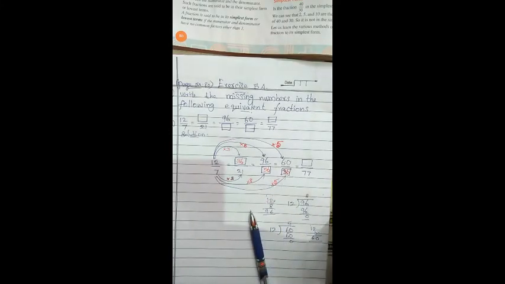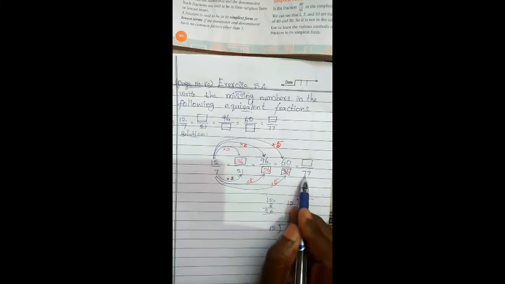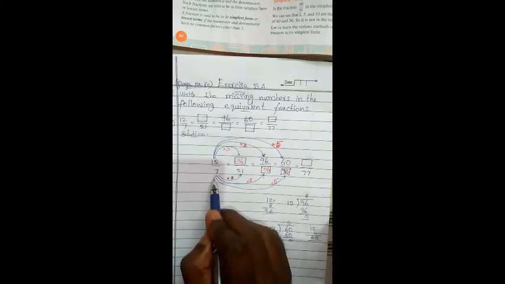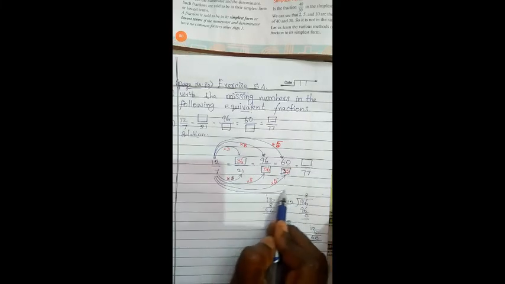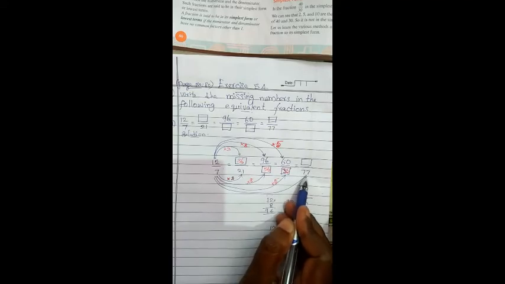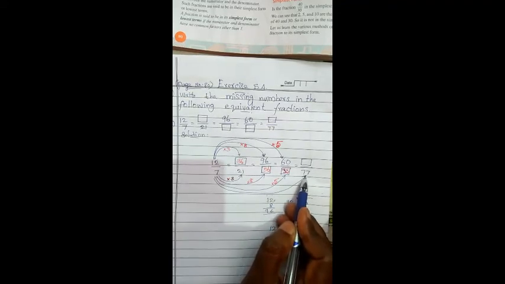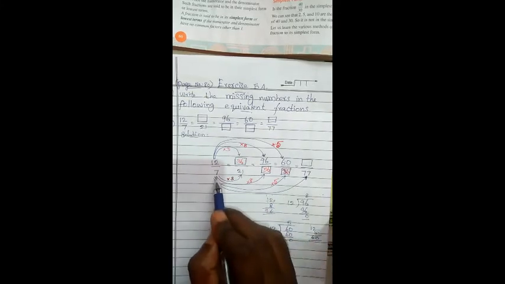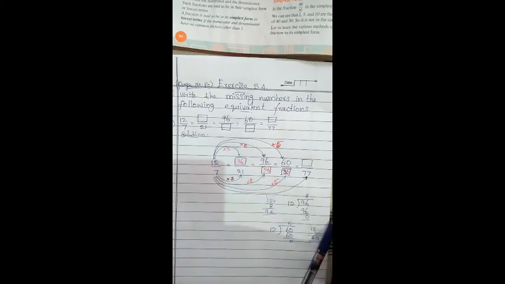Right. Okay, now the next one, we have 77 in the denominator. See, 7 and 77. So how do we reach 77 from 7? Very good.